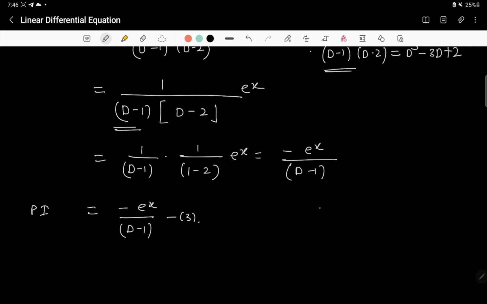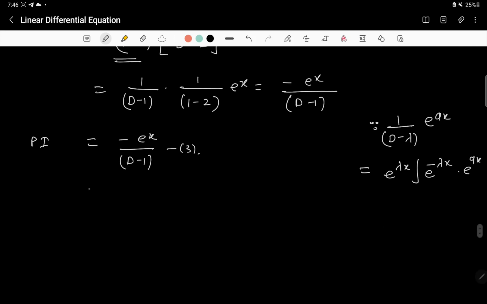Again we are getting 0 here, but remember there is a formula: if 1 upon d minus lambda acts on a function, then the answer will be exponential lambda x times the integral of exponential minus lambda x times that function dx. Here lambda is 1, and the function is exponential x.